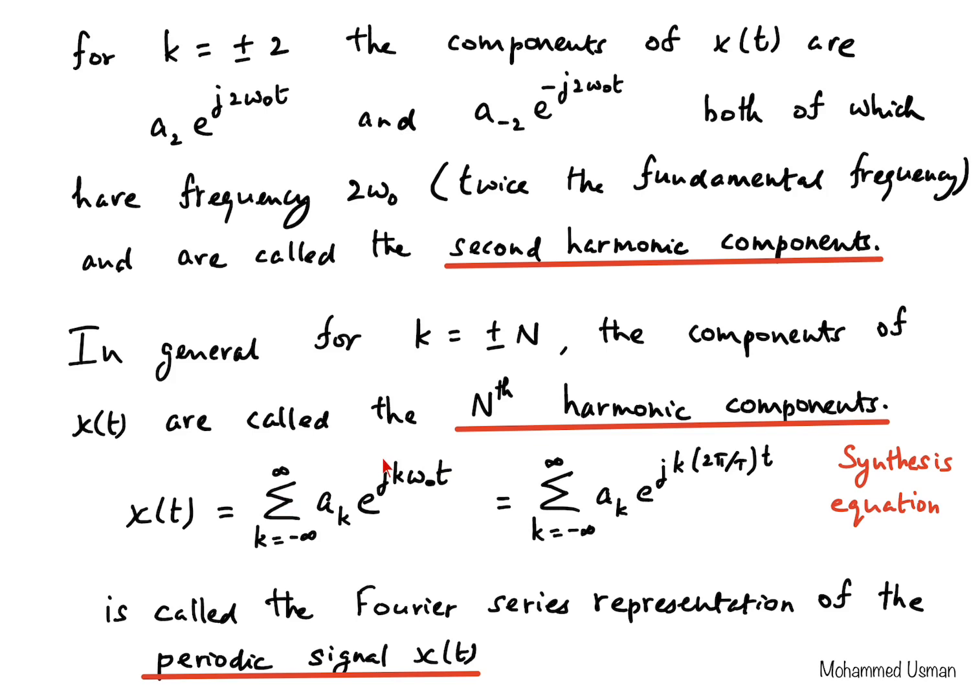Why? Because by adding these terms, we can construct x of t. That means we can synthesize x of t by adding these harmonically related complex exponential components. So if we keep adding those terms, we synthesize or generate or produce the signal x of t. So it is called the synthesis equation, and basically that is the Fourier series representation of the signal x of t.